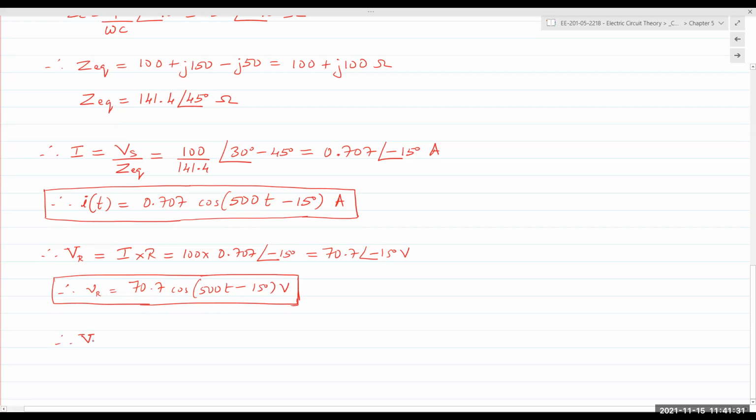Similarly, VL would be I times ZL. That would be 0.707 times 150. Magnitudes are multiplied. Phase angles are added up.